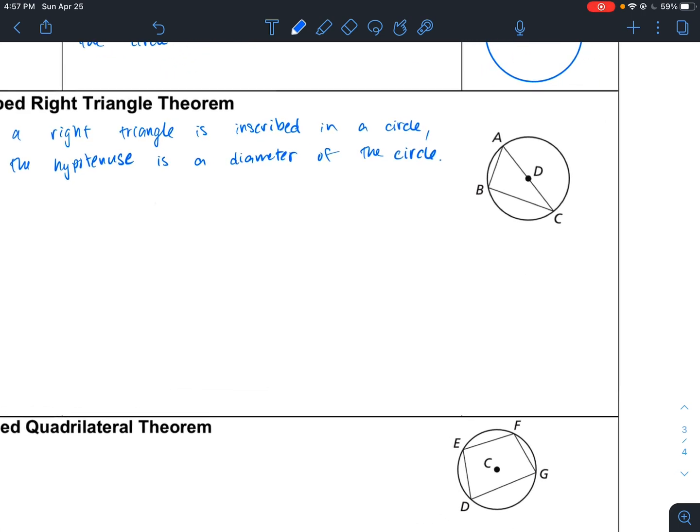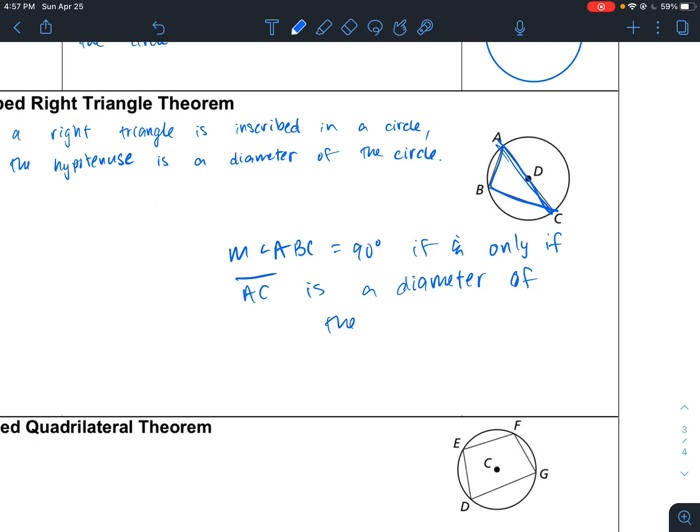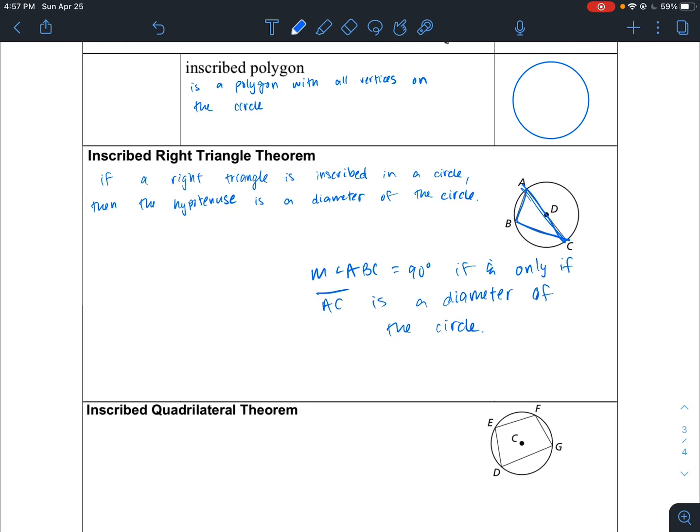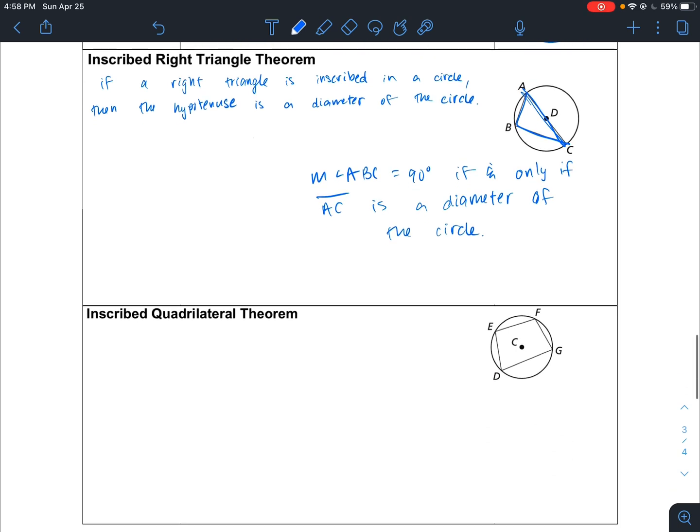If you want something a little bit more equation-like, the measure of angle ABC in this diagram has to be equal to 90 degrees if and only if AC, this line right here, is a diameter of the circle. And that's for triangles, right? Not necessarily for any triangle, just for right triangles.